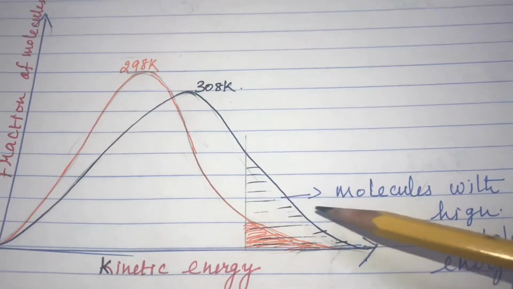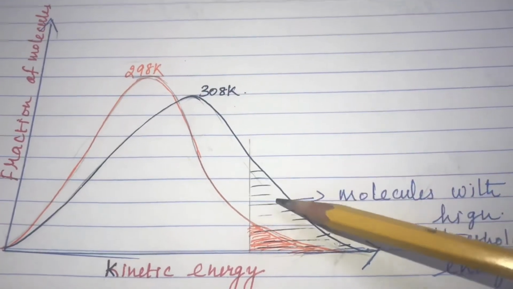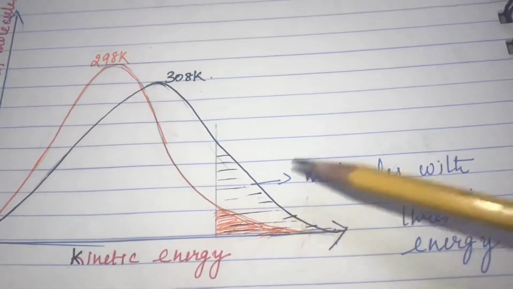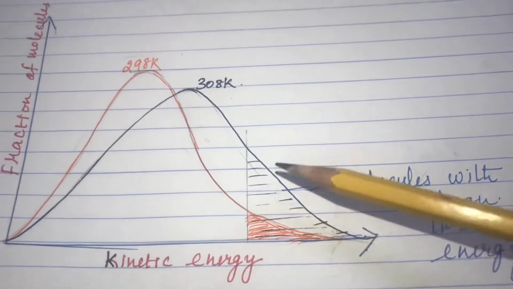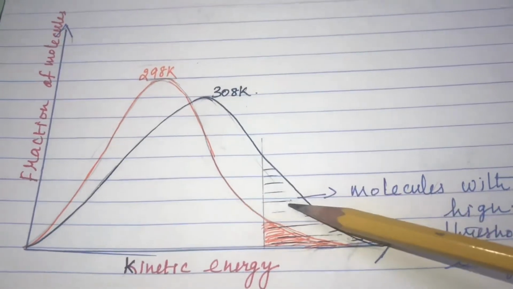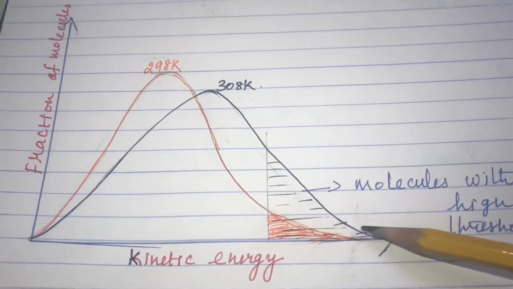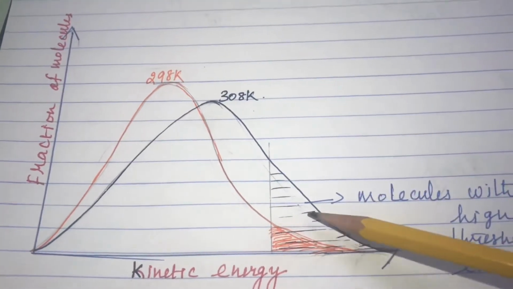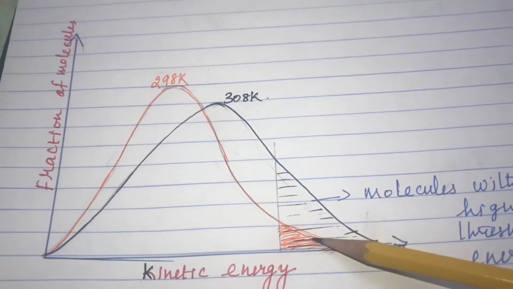Thereby more molecules have the threshold energy to cross the energy barrier and convert into product. It shows the effect of temperature on the rate of chemical reactions: the more the temperature, the more the rate of reaction.